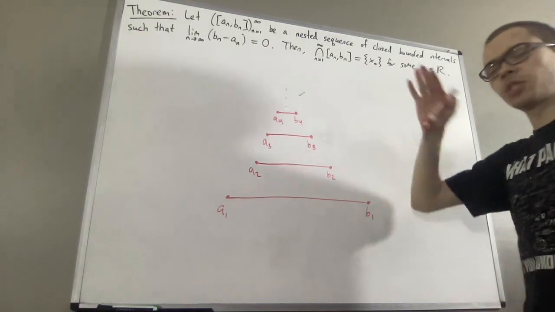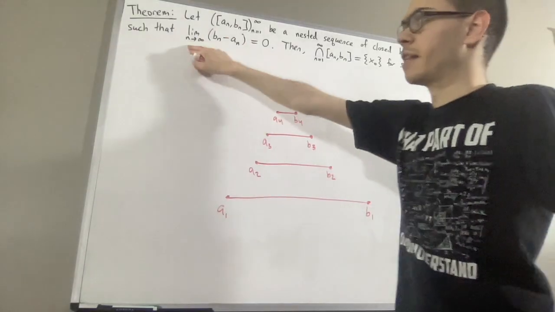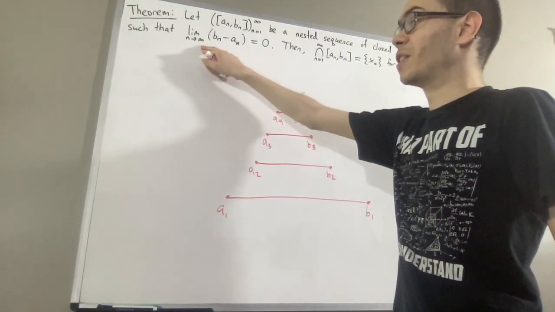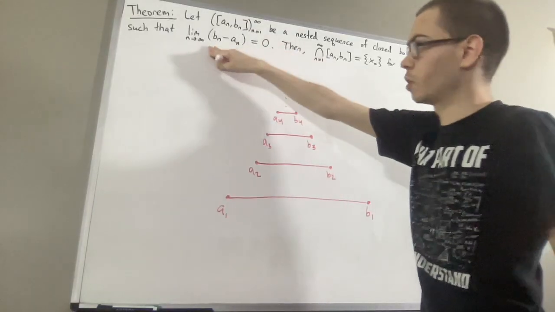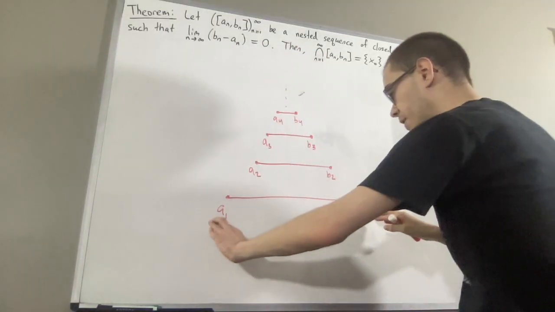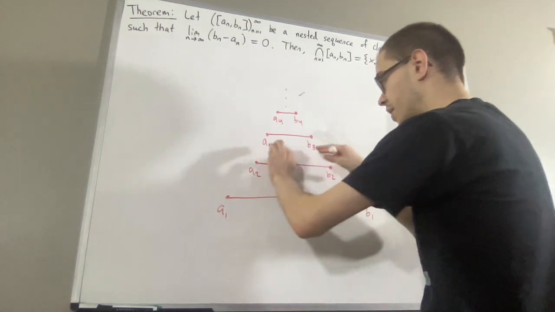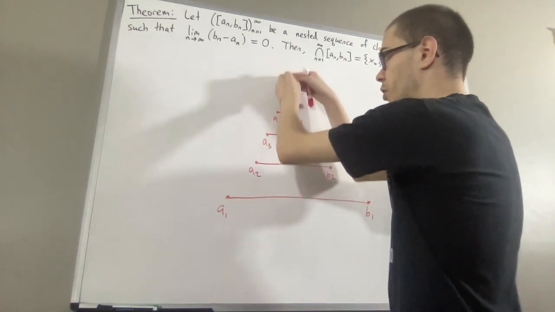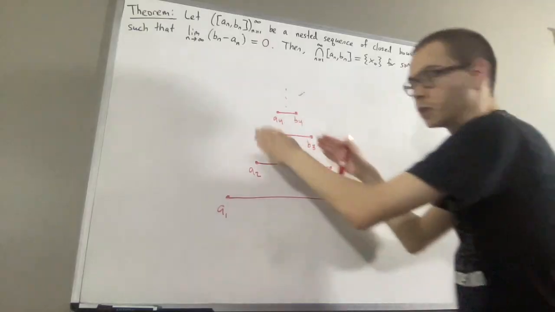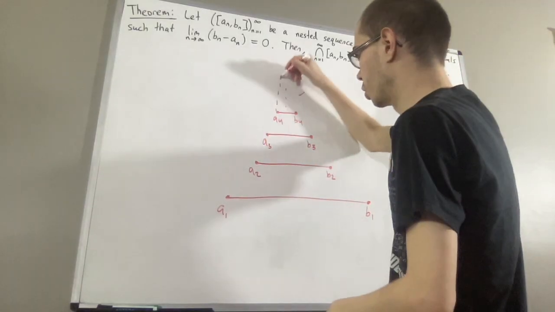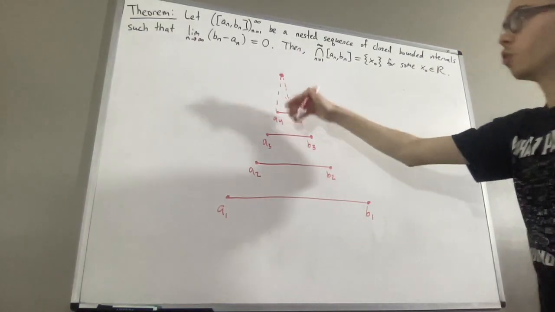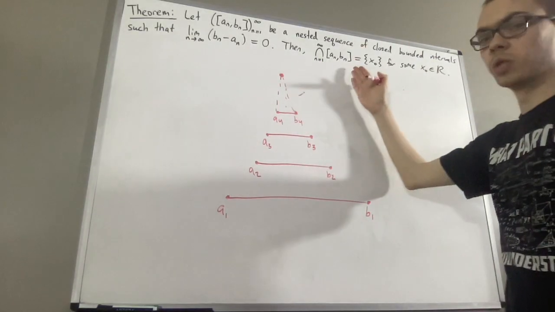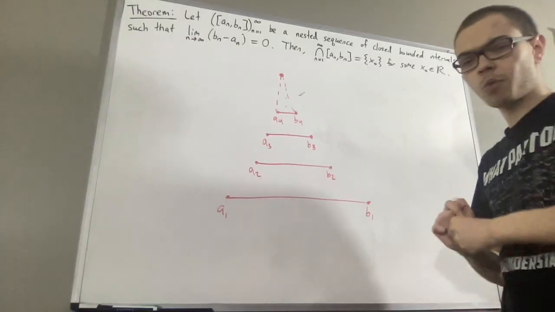And so that's going to come from the condition that the limit as n approaches infinity of bn minus an is equal to 0. Essentially what this is telling us is that the difference between the endpoints of the intervals is converging to 0. So visually, there's essentially only going to be one real number which belongs to every single one of these closed intervals. And that's what we're going to prove.